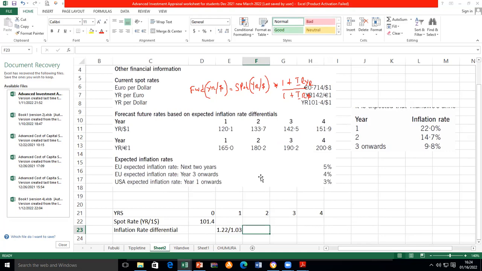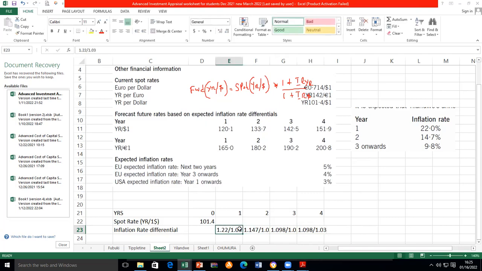What will be in year two? 1.147 divided by 1.03. We go to year three. 1.098 over 1.03. And the last one there is still 1.098 over 1.03.